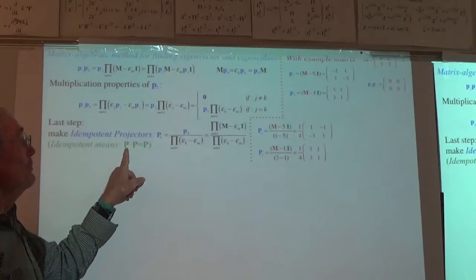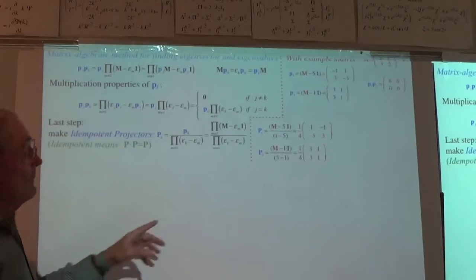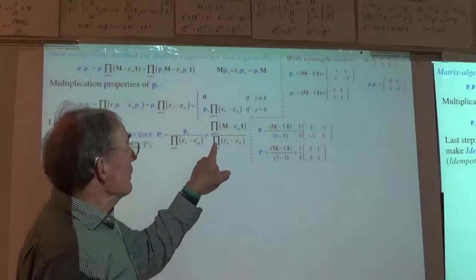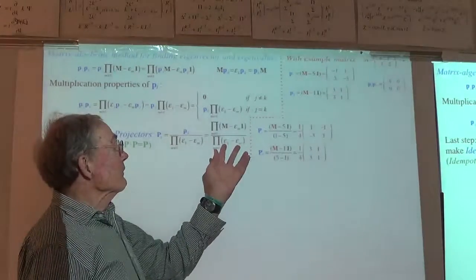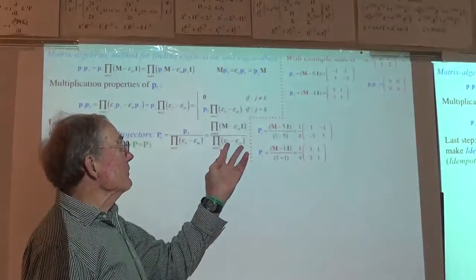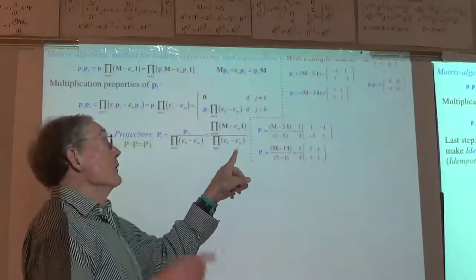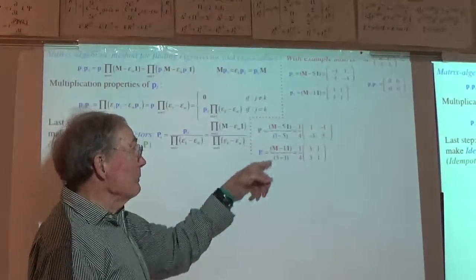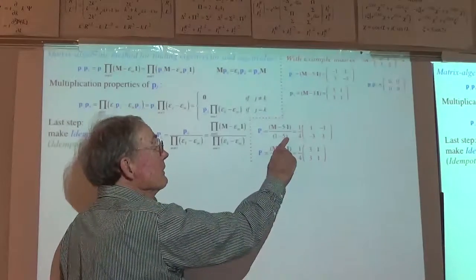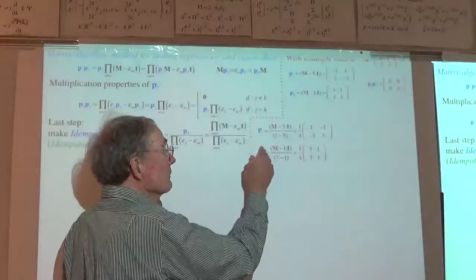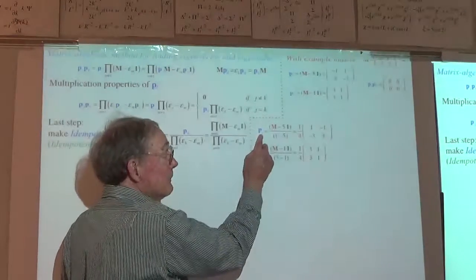But these are generalized ones. So we will build by dividing by this thing here, which is epsilon k minus epsilon m for all m not equal to k. Well, there's only one other eigenvalue for this problem, so I'm just dividing here by 1 minus the other eigenvalue for this particular one. And remember, we dropped that one factor out to make P1.